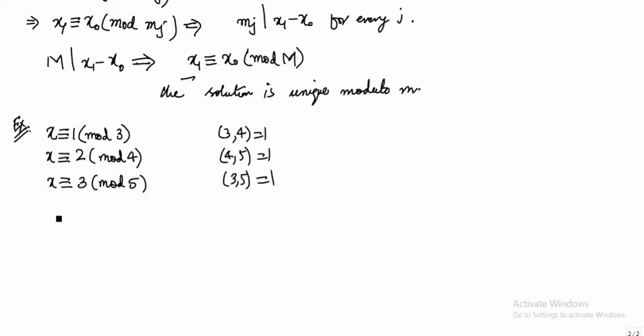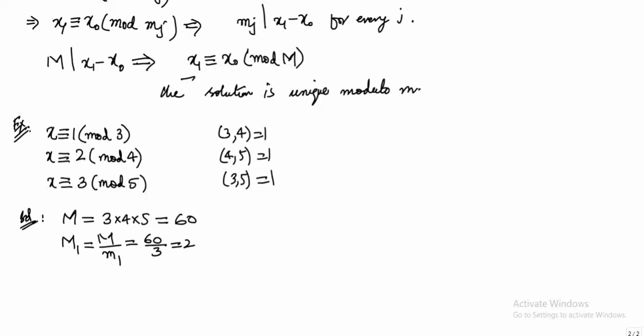So here, look at the solution. We consider m, which is the product of all moduli. So 3 times 4 times 5: 4 times 5 is 20, 20 times 3 is 60. And now we can find the M_i's. So M1 is m divided by m1, which is 60 divided by 3, which is 20.